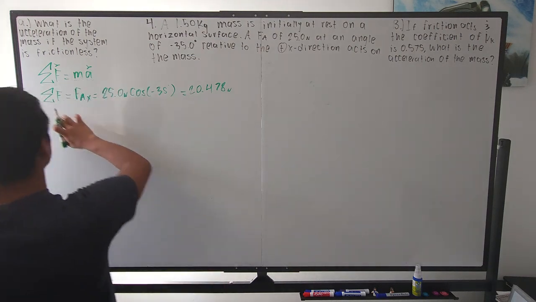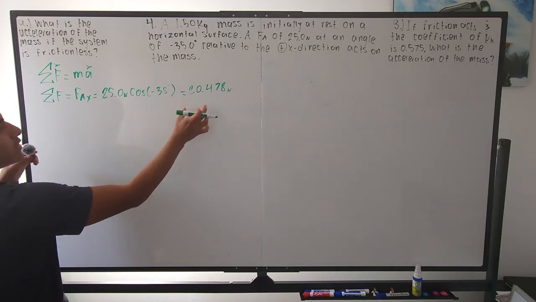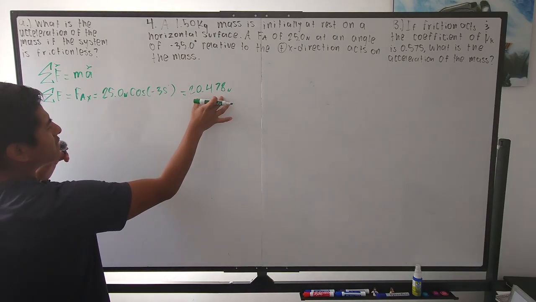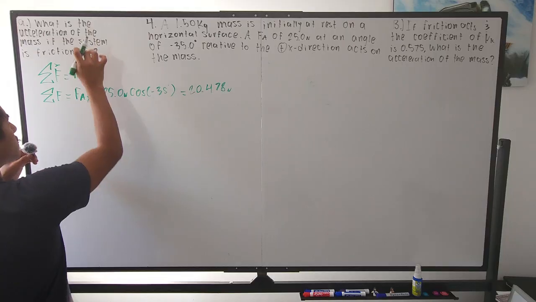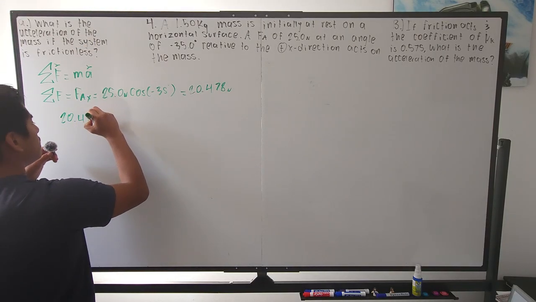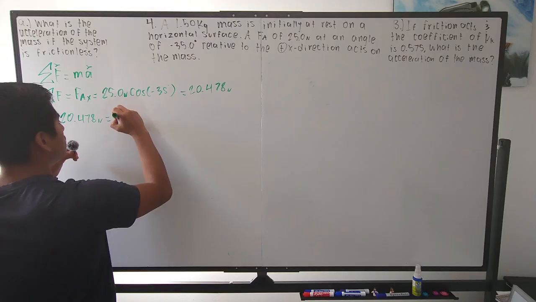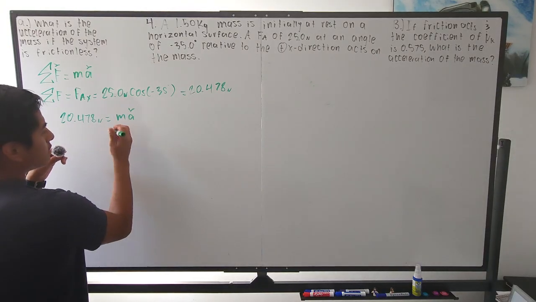Now that you have this and you have this, you can set these two equal to each other, since we're trying to find acceleration. So we have 20.478 newtons equals the mass times the acceleration. Now we just isolate for acceleration.